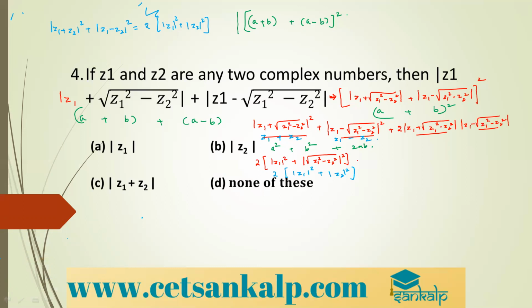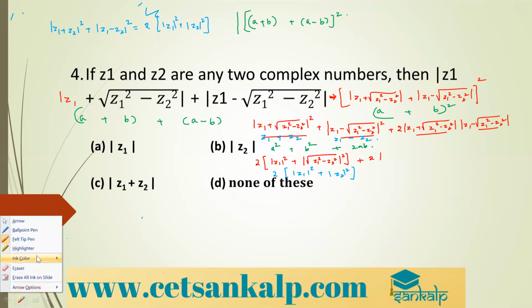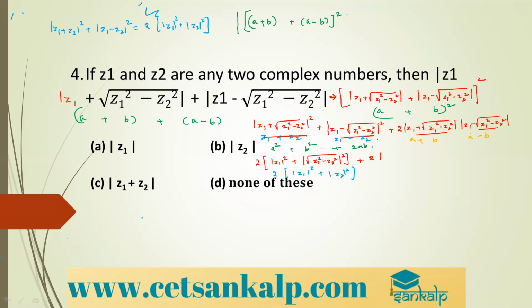And then from the left of ones, that we are going to see here. 2 into, now I will multiply these two. So when I multiply these two, which formula I will use? I will use a different color now. So this is A plus B into A minus B. So I should have A square minus B square.